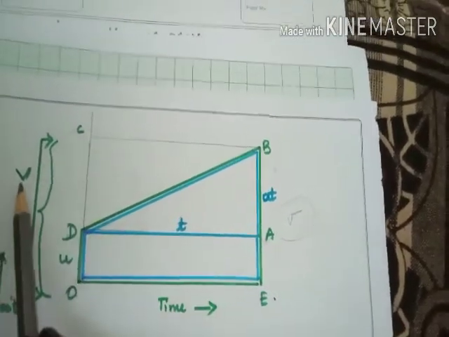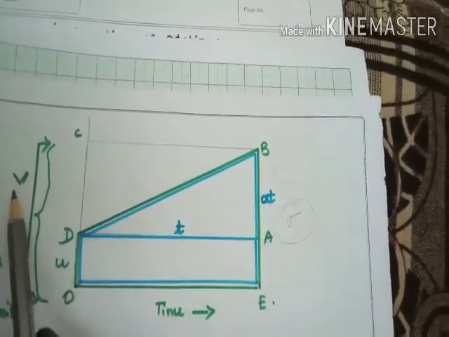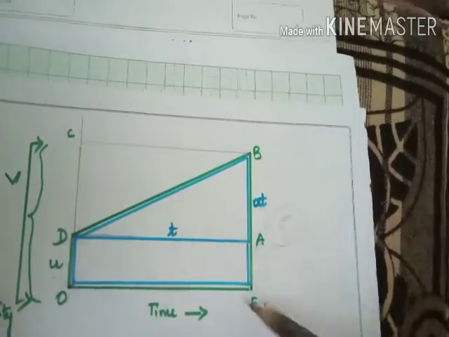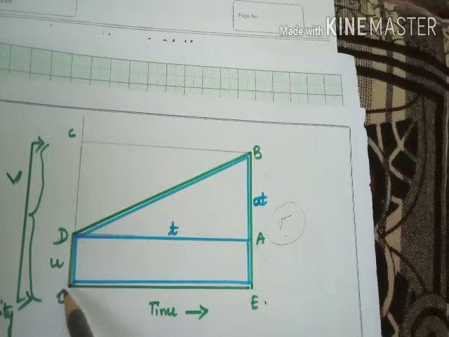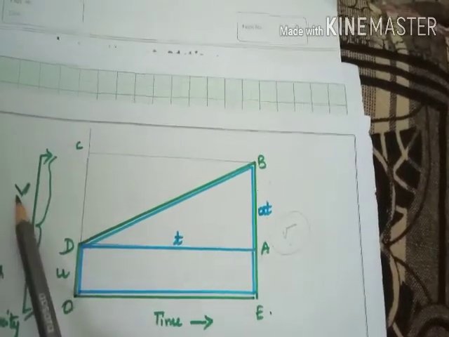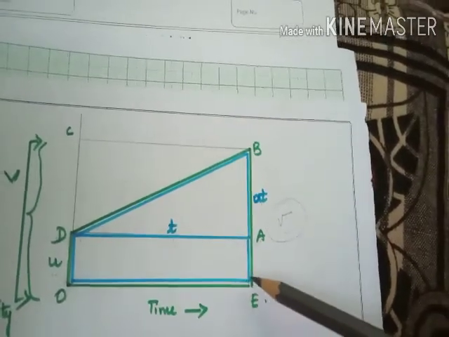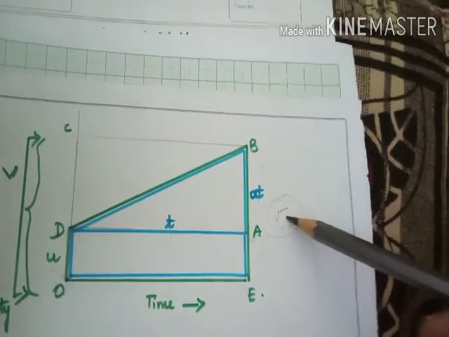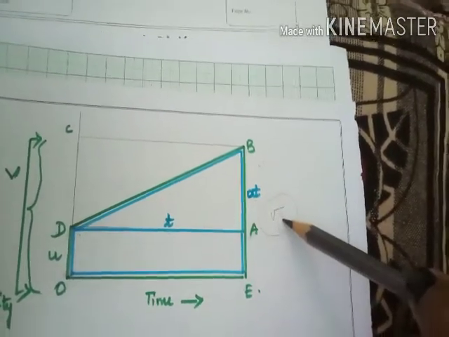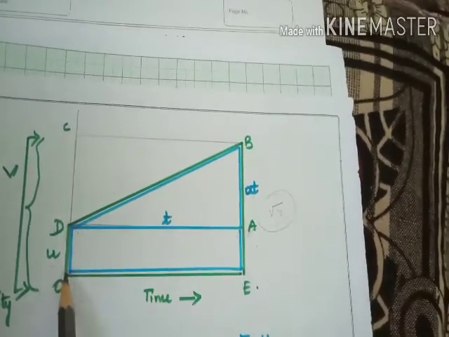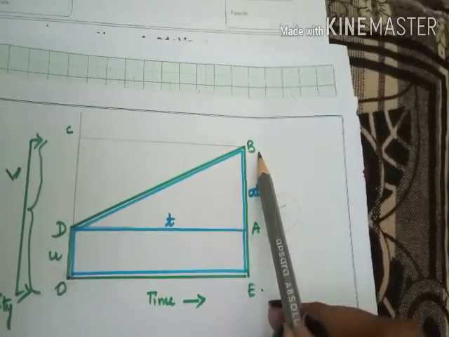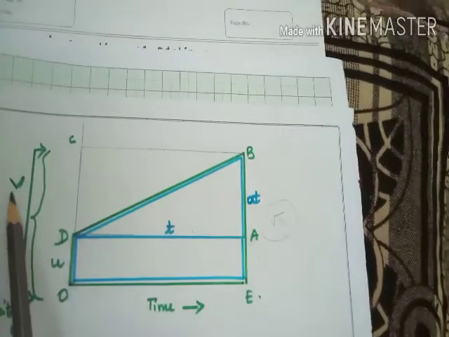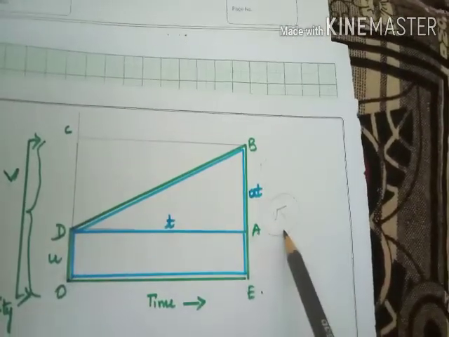OC is equal to V, so similarly EB is equal to V. Because the two sides OC and EB are parallel to each other, the values will be equal. OC is equal to V and EB is equal to V.